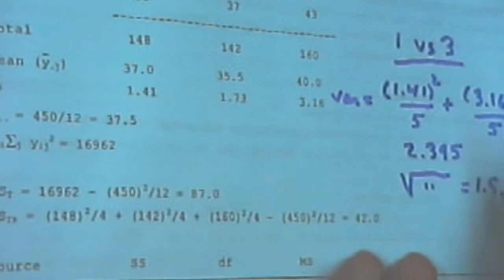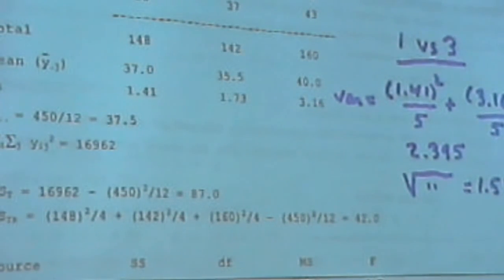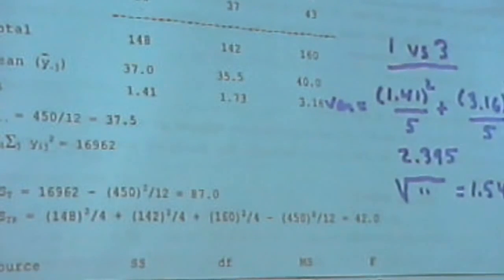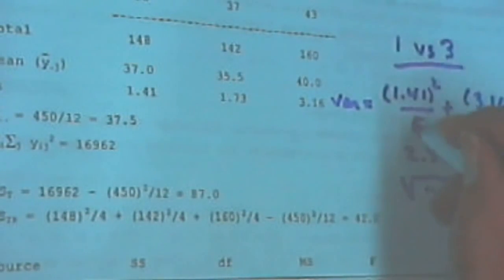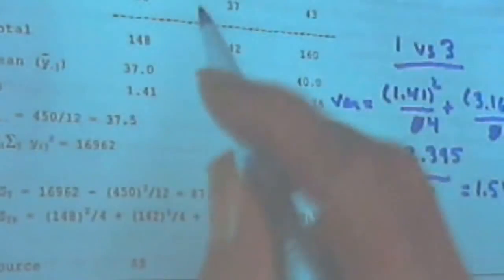Excuse me. Yes. Why did you divide by 5? We have 4 observations. Thank you. There are 4 observations, not 5. So I did it wrong. Fix it up. It says in the problem 5 hunters, but there's actually only 4 observations. Yeah, I wonder what happened here.